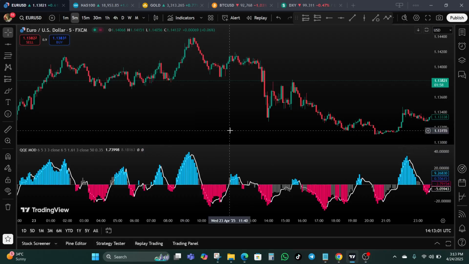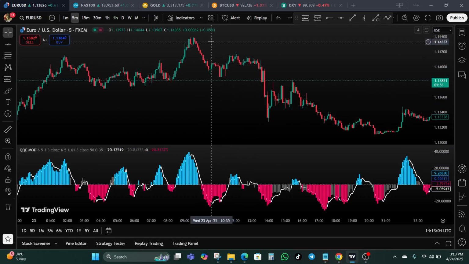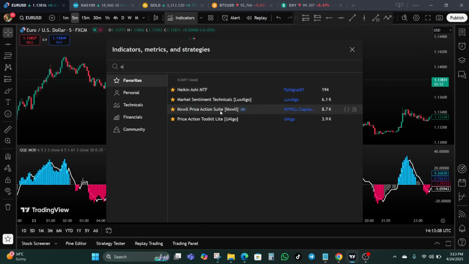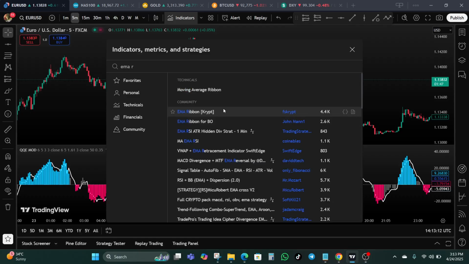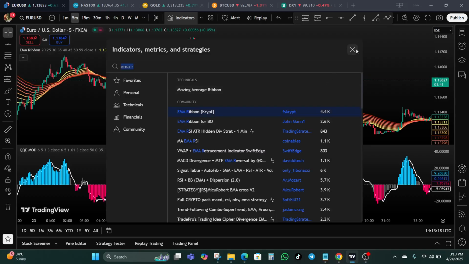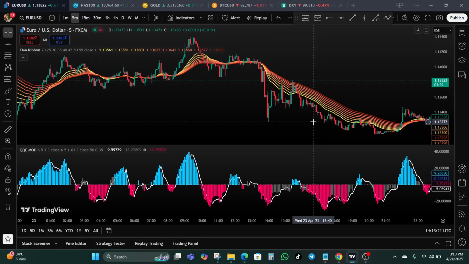Okay. Now, next up, we're going to look at the EMA ribbon, the exponential moving average ribbon.